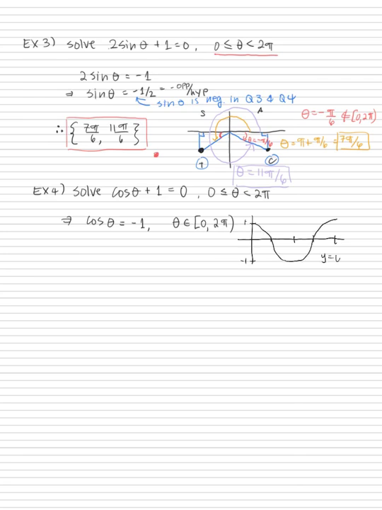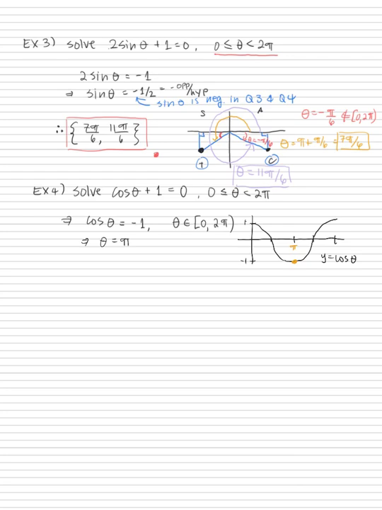So this is y equals the cosine of theta. Now, cosine of theta equals negative 1 when theta equals pi. Okay, so that's going to be just our answer. So that implies that our theta is going to be pi.